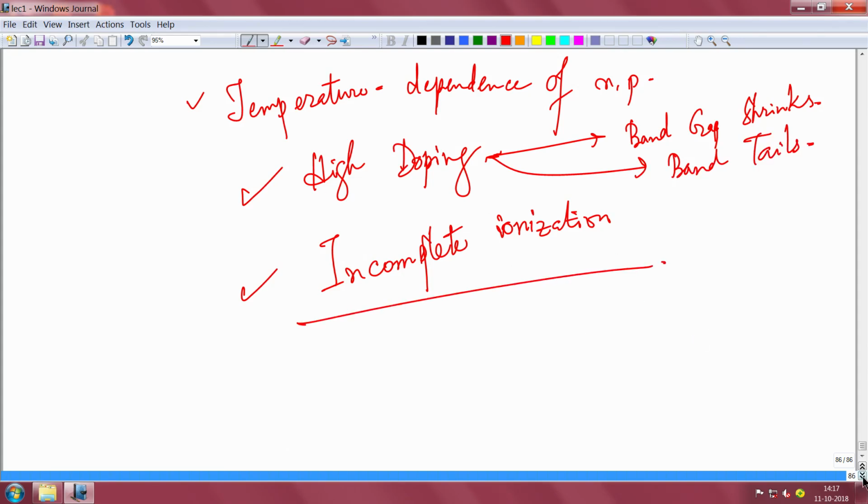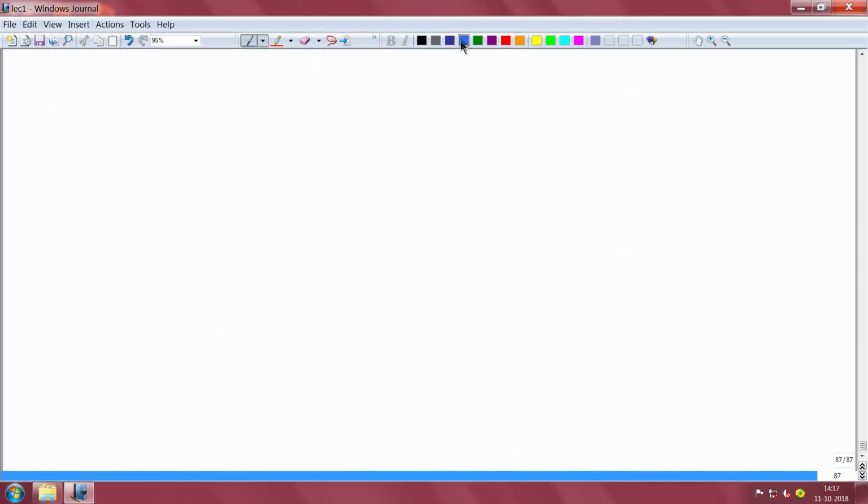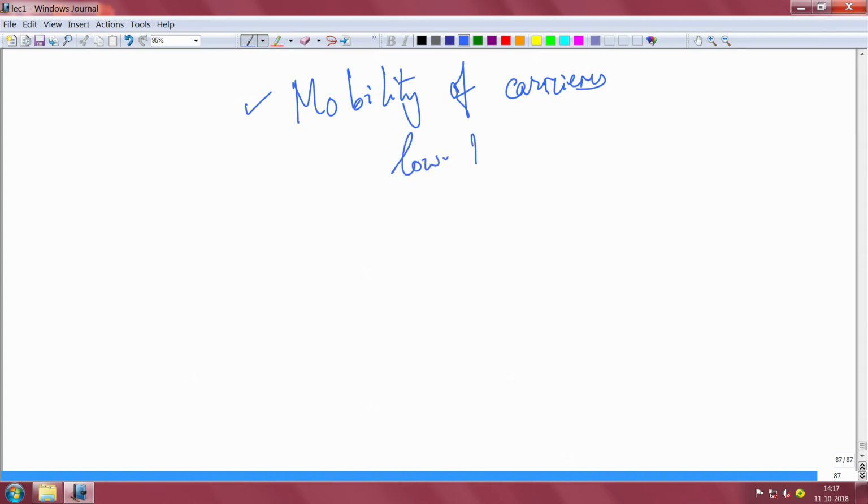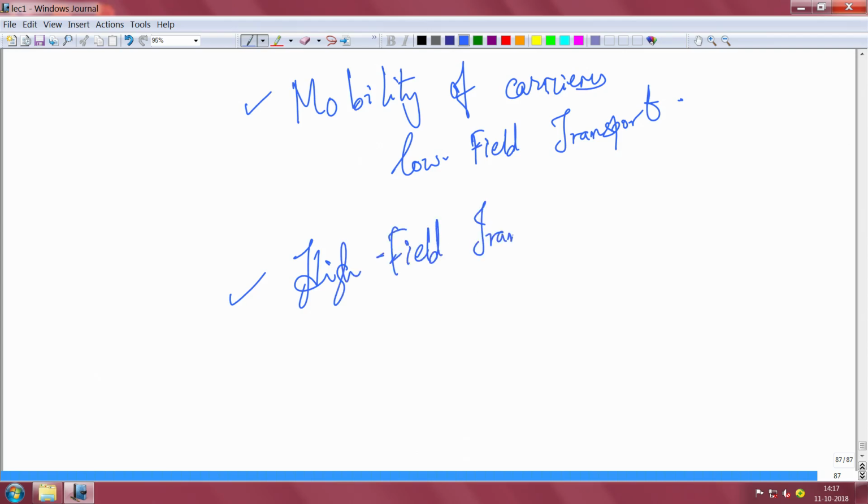Now, what is the next point in the agenda? The next point in the agenda will be to introduce mobility of carriers, low field transport, and after that we will introduce high field transport, and carrier velocity.